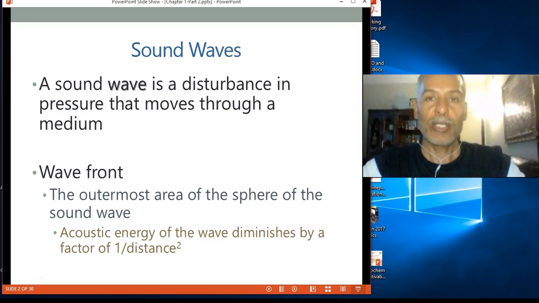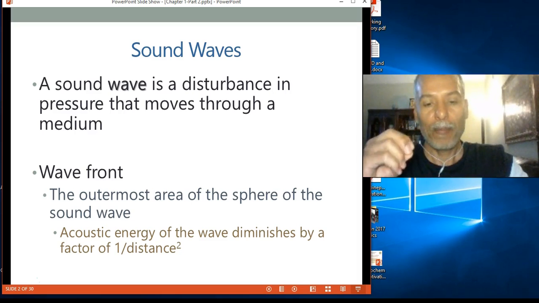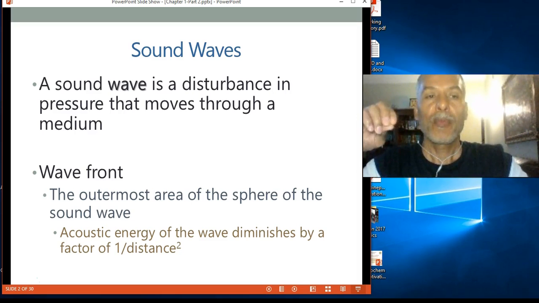You can make sounds underwater as well. So air is a medium, water is a medium, a solid like wires that we use for telephones and TVs and so on. These are all media. Media is the plural of medium.